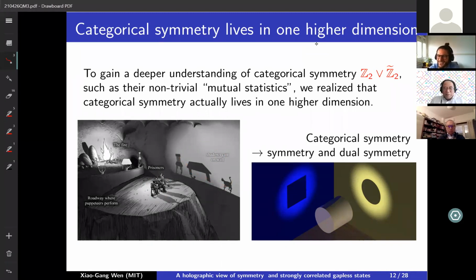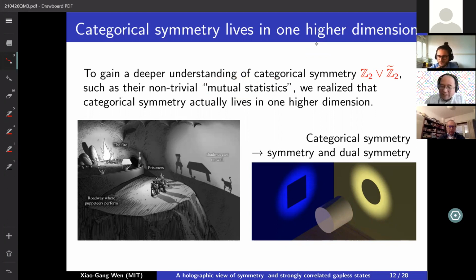But when they look at enough shadows, hopefully one of the prisoners may realize that those different shadows are related, and they are actually projections of something we have never seen before. The shadows being related means they have mutual statistics. So they may come from something in one higher dimension. The symmetry and the dual symmetry are just two different projections of the same object. This is how they are related.